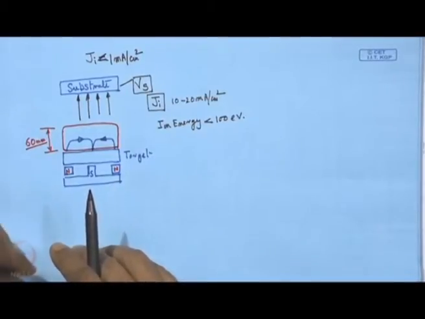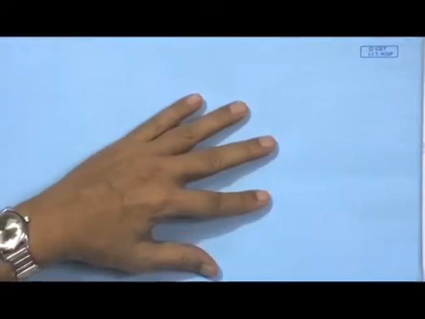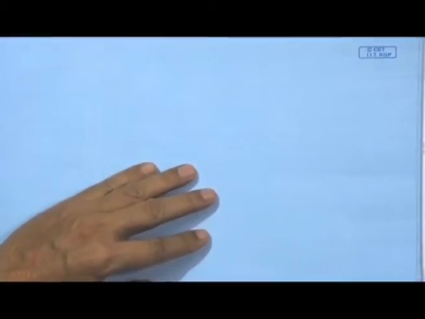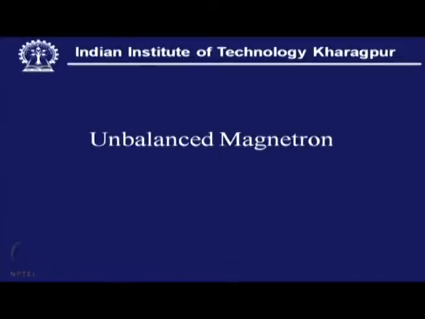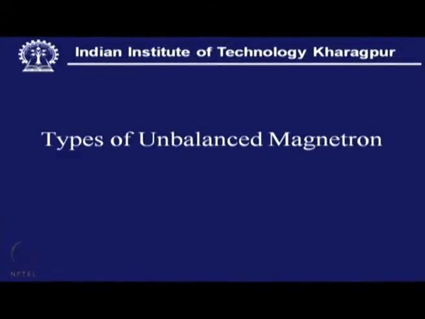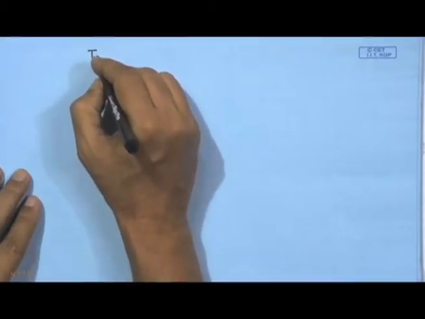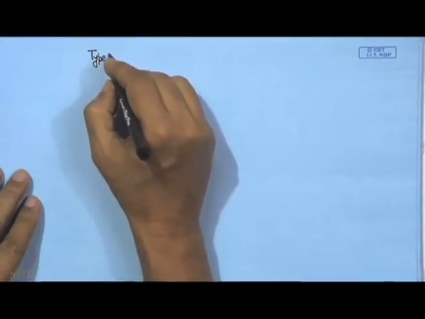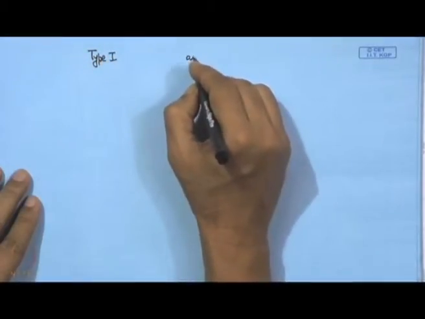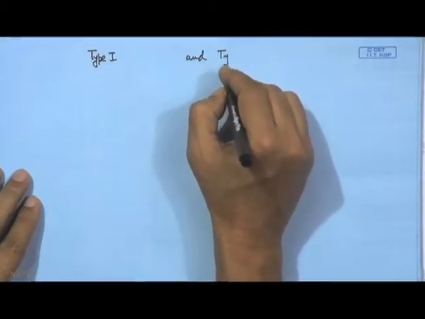Now, let us look at this unbalanced magnetron. Basically, it is unequal strength of the two poles of the magnet. There are two types of unbalanced magnetron, which we call type 1 and type 2.